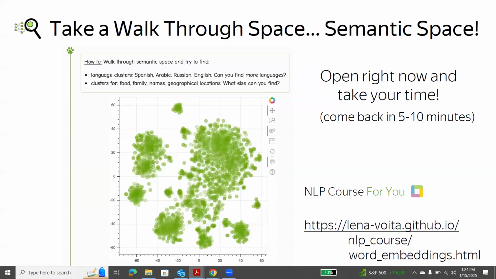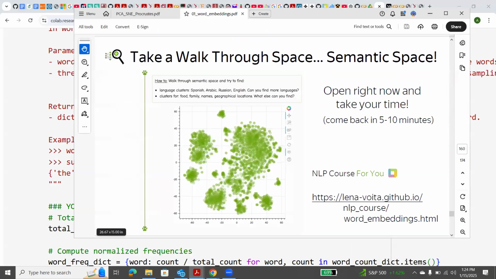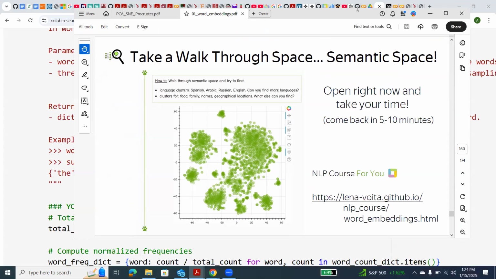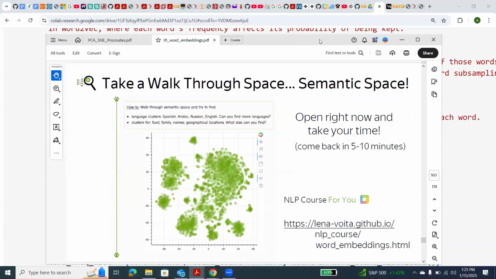So I want to ask you to open this NLP course for you link, of course, if you want to, and just play with these embeddings and check how words are grouped together.